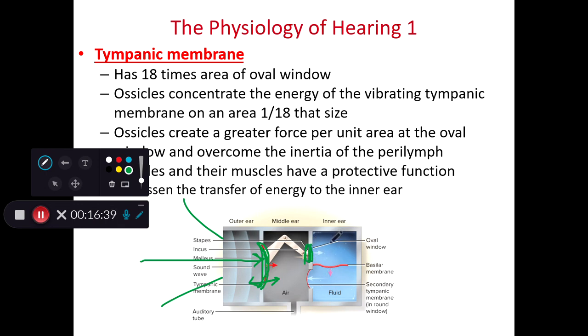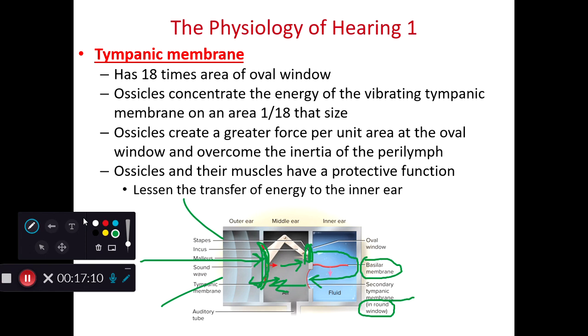And then all of that force is going to cause the fluid of the inner ear to oscillate back and forth. It will push in at the oval window, and then push out at the round window, which is kind of a pressure relief system for our inner ear. And then as that fluid oscillates, the basilar membrane of the inner ear is used to move the tectorial membrane and generate action potentials from those sound waves.